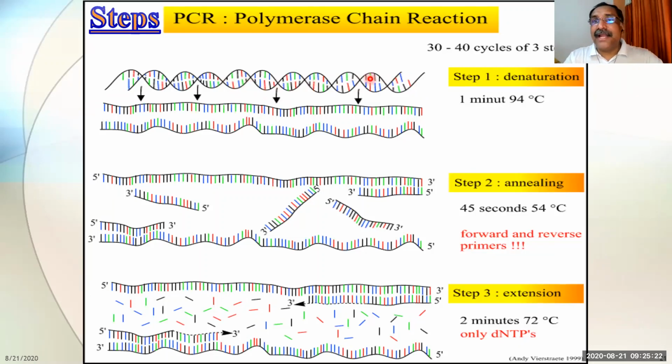Since it is a normal DNA, it cannot divide immediately as it is. So for that, in polymerase chain reaction, you have to do a heating process. That means this DNA strand, you are going to heat for 1 minute at 94 degrees Celsius.